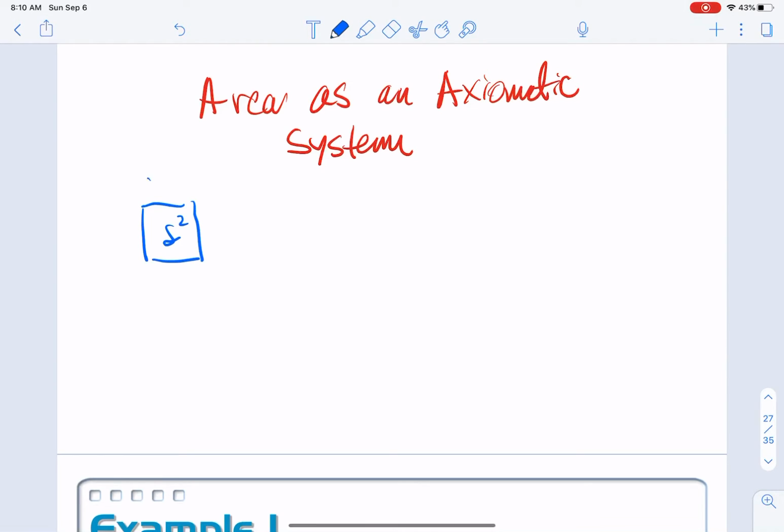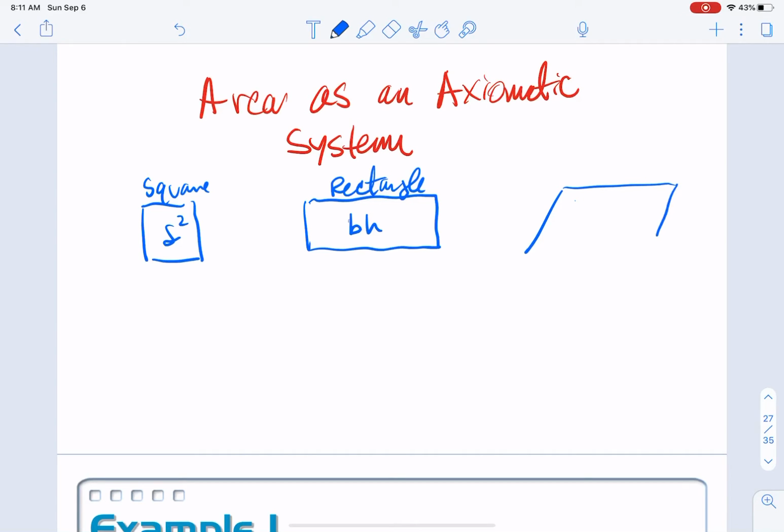And we said that was side squared. And then we have ourselves a rectangle, and its area was base times height. And then we had, look at this, a perfect parallelogram, and it was also base times height. We throw in a little height in there that makes a right angle.